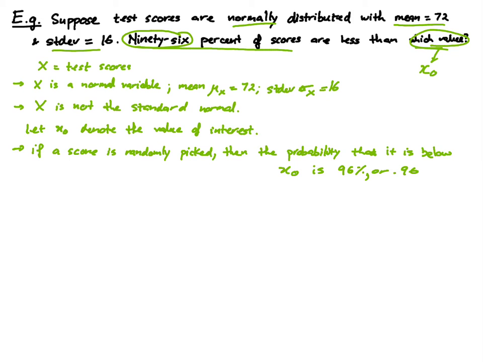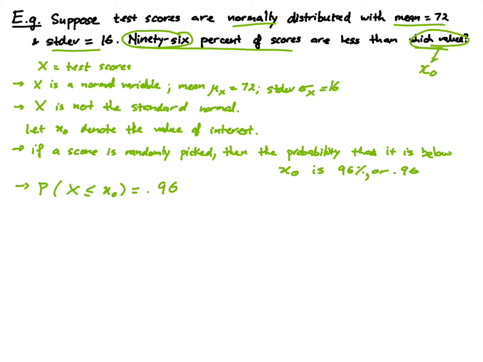Now translating this into probability, this means that the probability that x test score is less than or equal to x sub 0 is 0.96. Now this looks new to us.